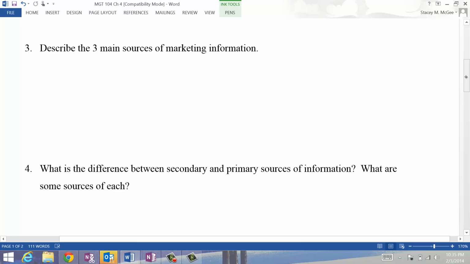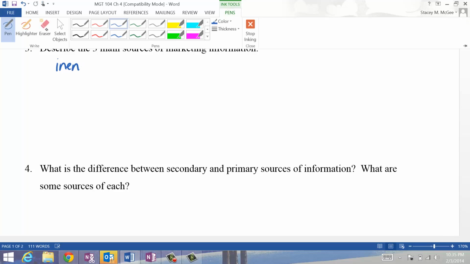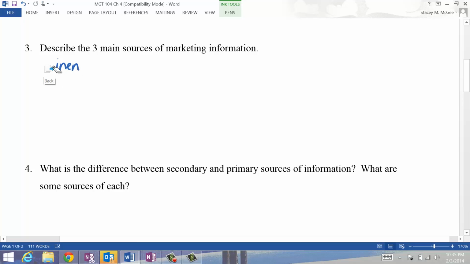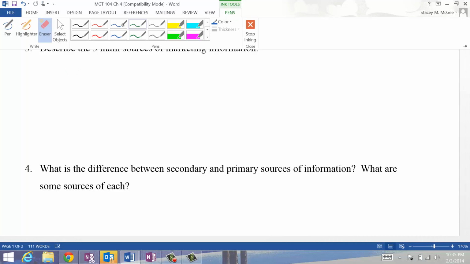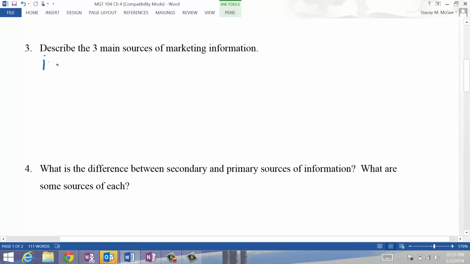Okay, the three main sources of marketing information are internal databases. Let's try to spell that right. This is information that already exists in our company.